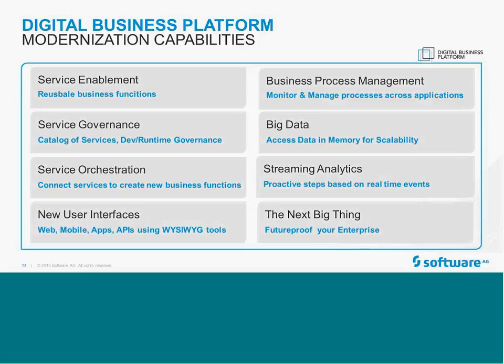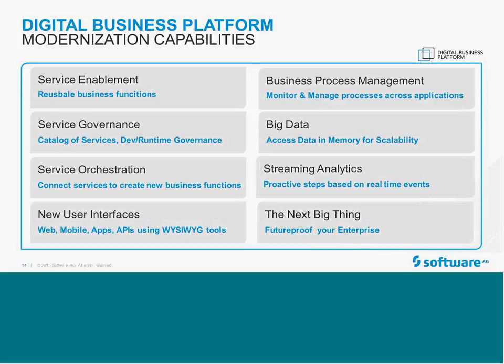Once you have these services, you are going to have to start to look at governance. Governance means everything from just a catalog of services. What do I have available? What do I have in my quiver? What can I build? Actually, development and runtime governance. For development: what stages are they in?